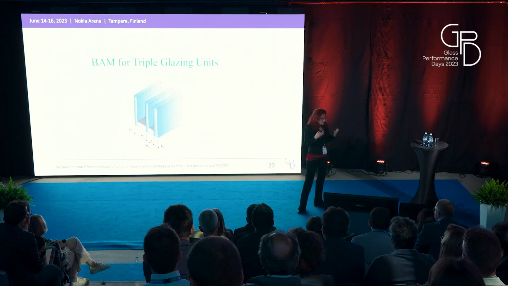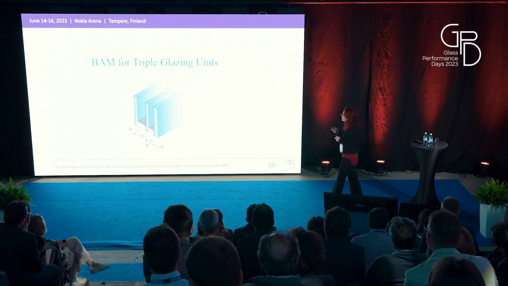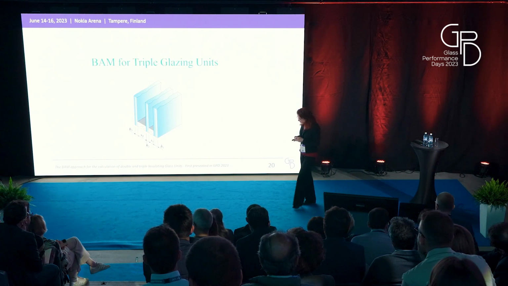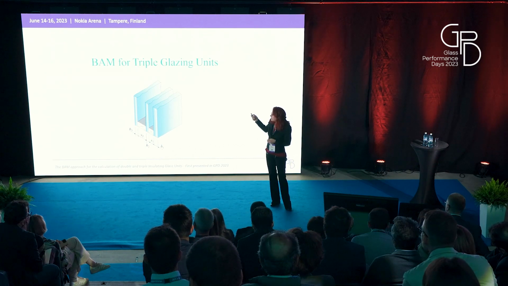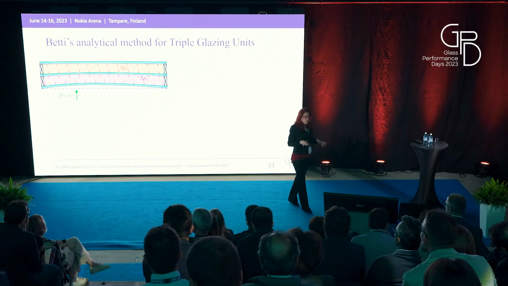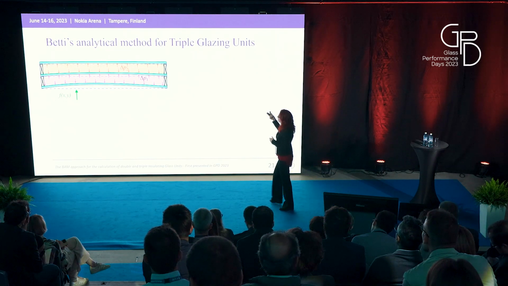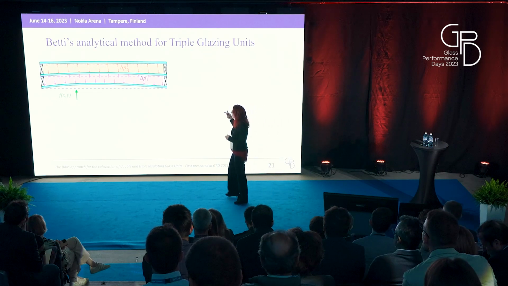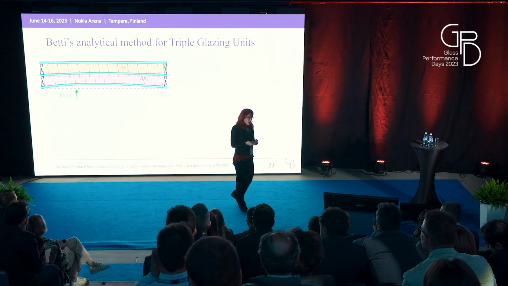Now, as I said at the beginning of my talk, this method can be applied to IGUs composed of an arbitrary number of glass plates. The analytical treatment is completely analogous to that I presented before, but for example, for the case of triple insulating glass units, we need to evaluate the two different pressure changes in the two different cavities.